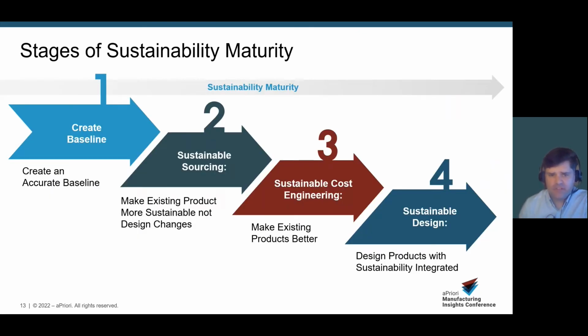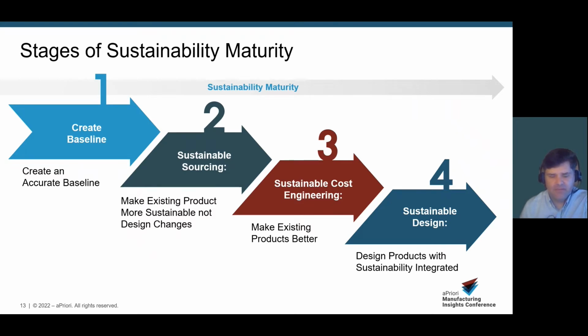And when we look at our customers, there's really a range of maturity out there when it comes to sustainability. I would say the vast majority, 90 to 95% of the customers I've talked to thus far, have been really starting to wrap their heads around what sustainability and carbon means and how they're going to go about calculating it. So everybody out there is looking to create that baseline.